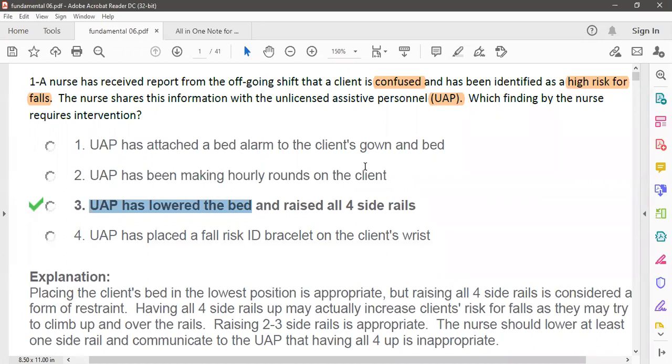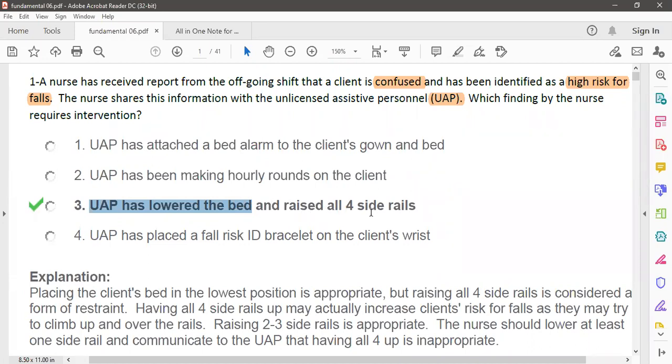The LPN never can do this. In any emergency, the RN can do this with a phone order by the doctor, and the doctor must come and check within 24 hours. So lowering the bed is okay, but the second portion is not okay.